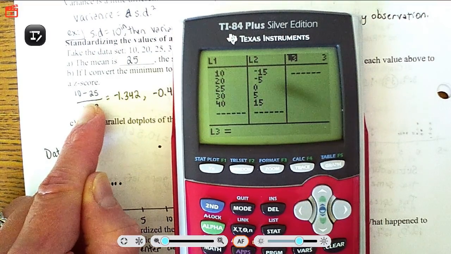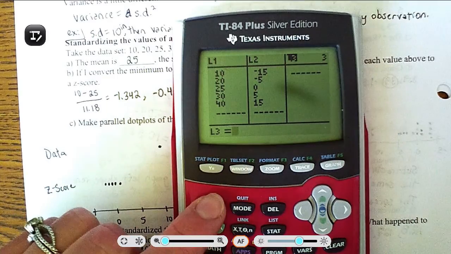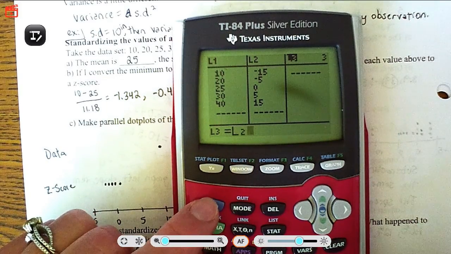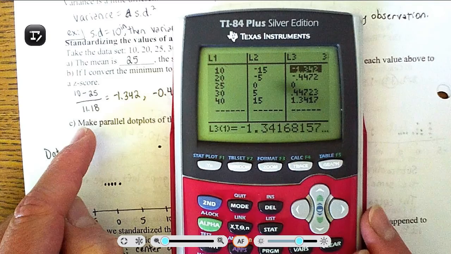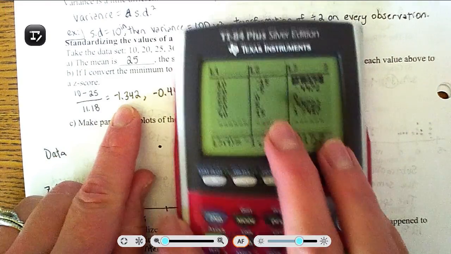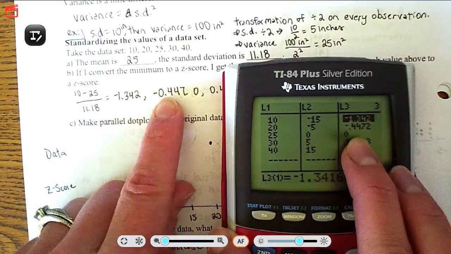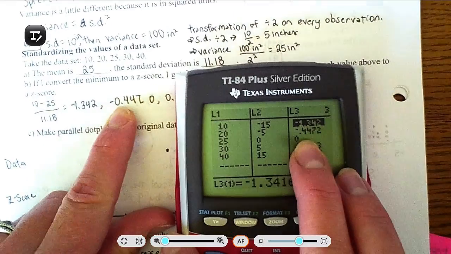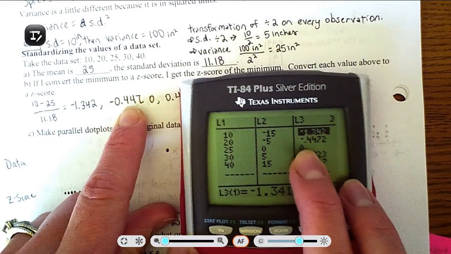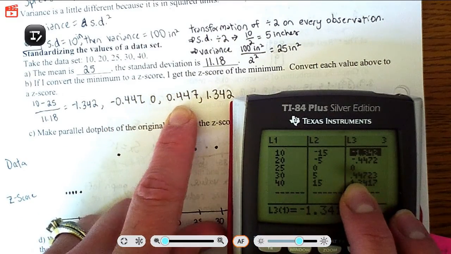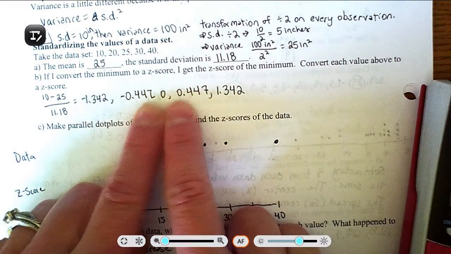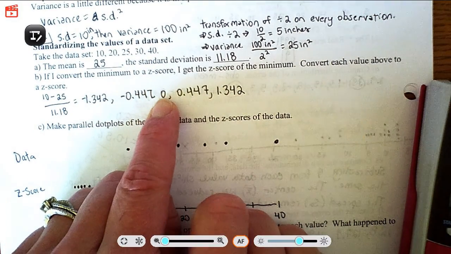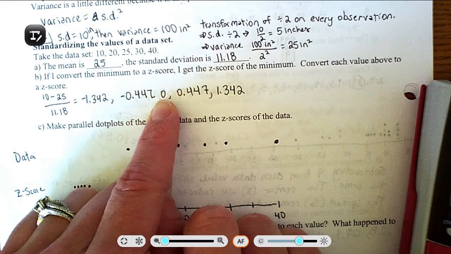And then L3 is to take L2 and divide by 11.18. Okay, and there's my z-scores. Negative 1.342, negative 0.447, 0, 0.447, and 1.342. And that makes sense because I had a very symmetric distribution.